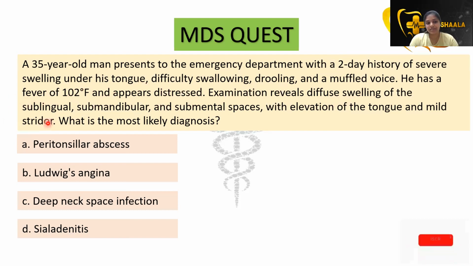As already told you, if the inflammatory swelling is involving these spaces with elevation of the tongue, mild fever and stridor, the most likely diagnosis will be Ludwig's angina. So the answer will be Ludwig's angina for this case.